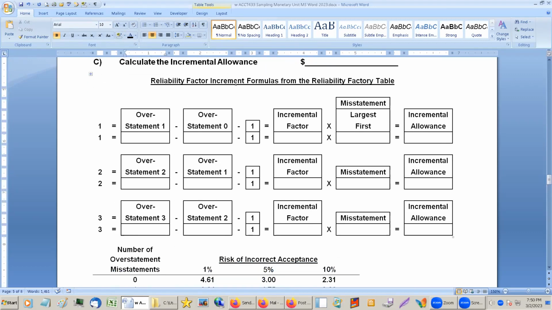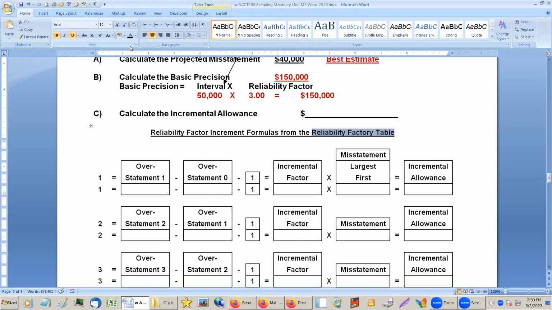We go down to our reliability factor table. Let's make it green, I guess.